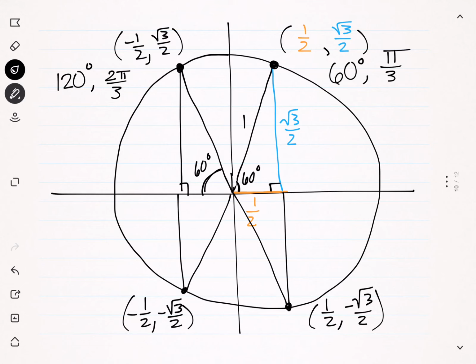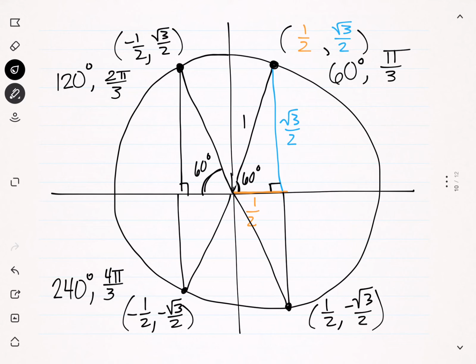And in quadrant 3, we want to go 60 degrees below the x-axis, so that's going to be 60 more than 180, and that's going to put us at 240 degrees. And 60 goes into 240 4 times, so we want to multiply pi over 3 by 4, or 4 pi over 3 radians.